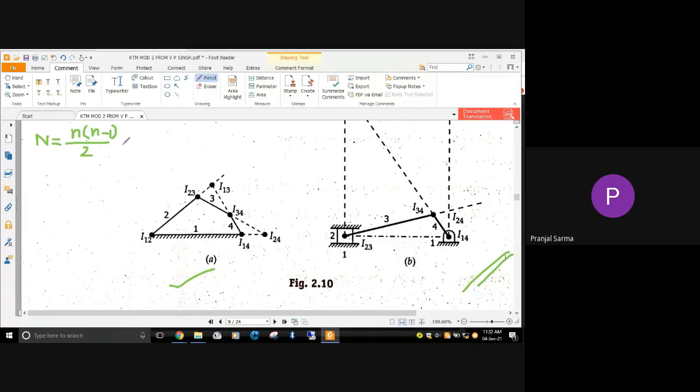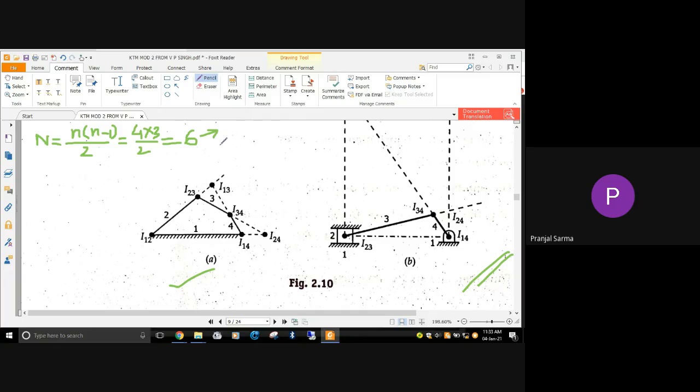This is a four bar mechanism, so how many links? Four links. So n equals 4: 4 into 4 minus 1, that is 3, divided by 2, that is 6. So now we know how many instantaneous centers there are: 6.